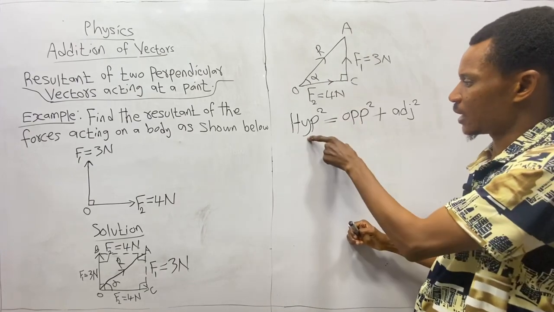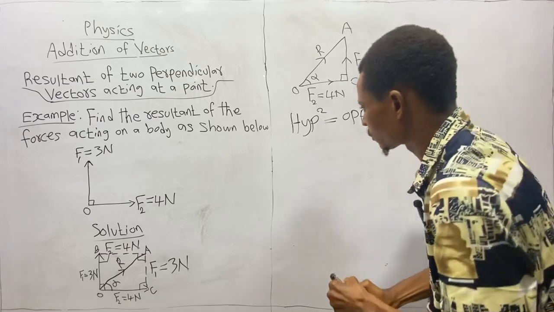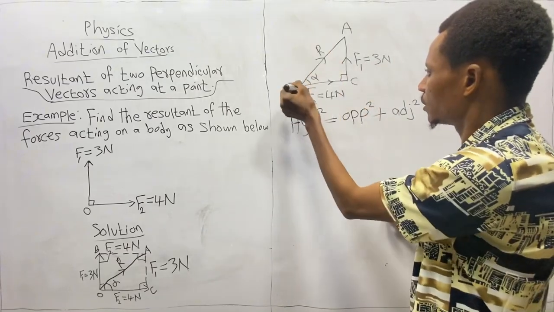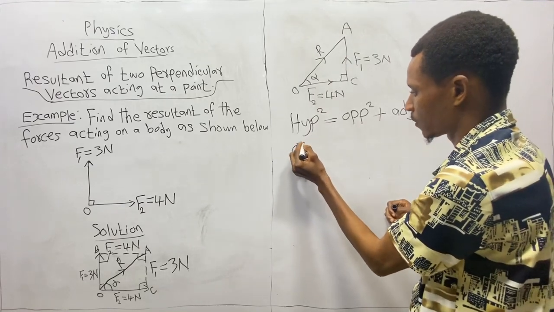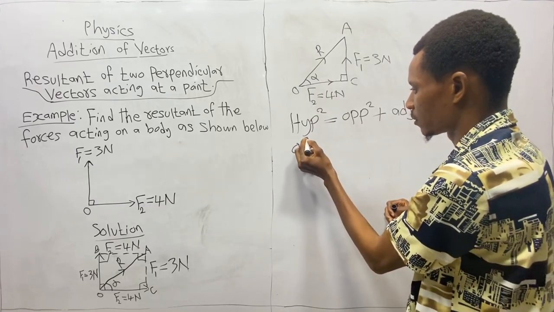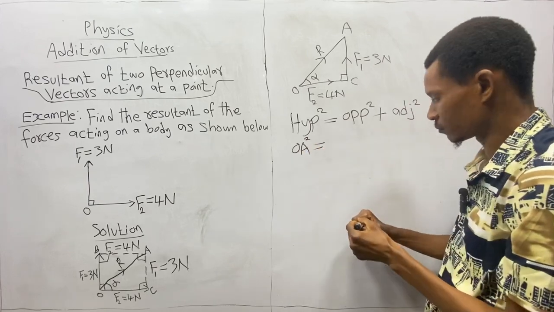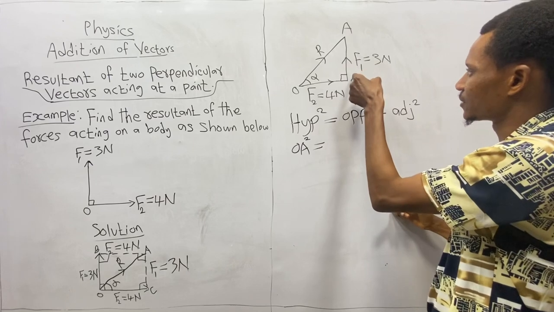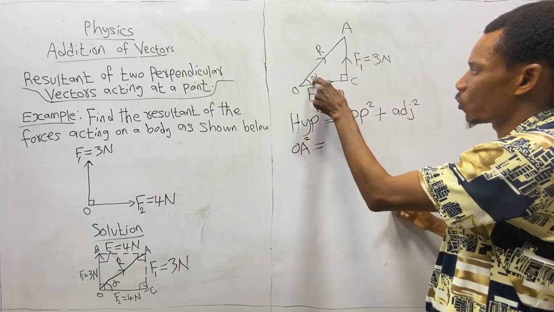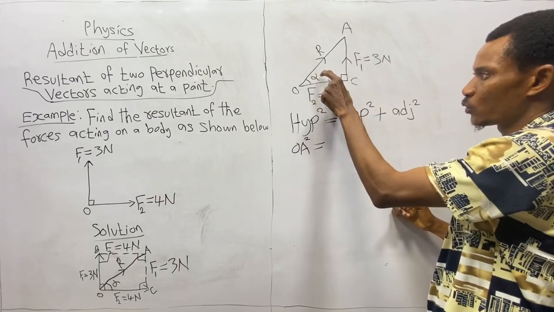So having gotten that, that means your hypotenuse is your what? The side OA. So we have OA squared equals to, the opposite is the side that the angle we are looking for is facing. Remember, we are going to look for this angle.